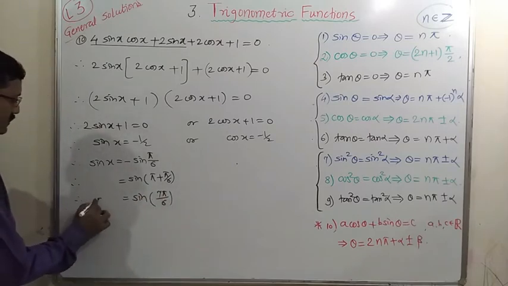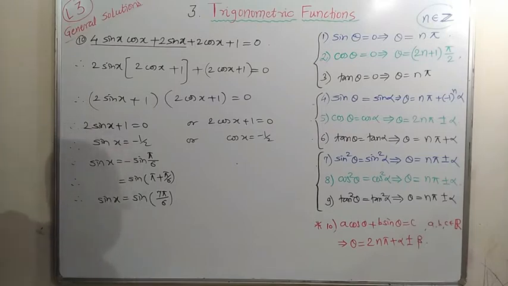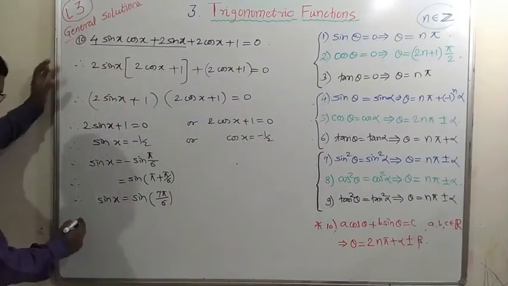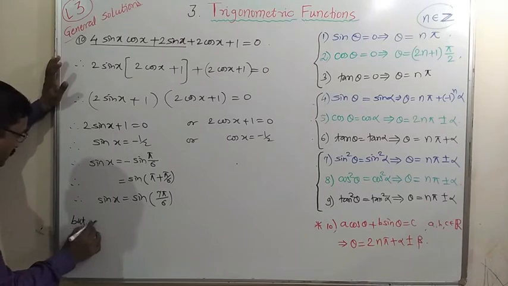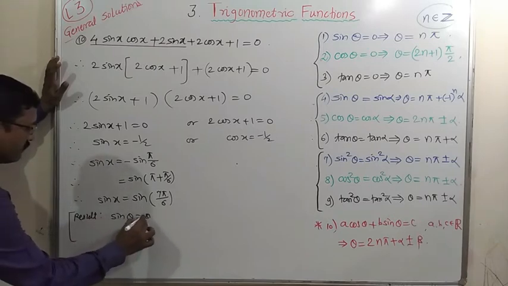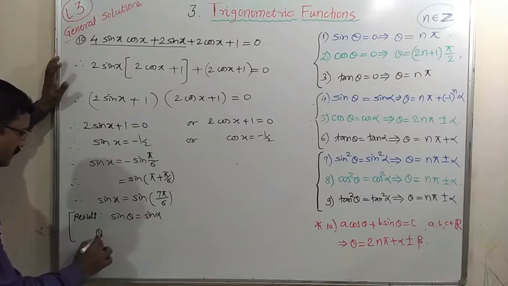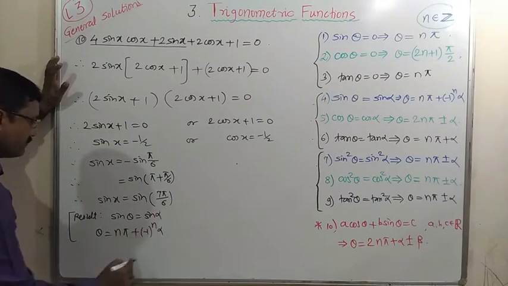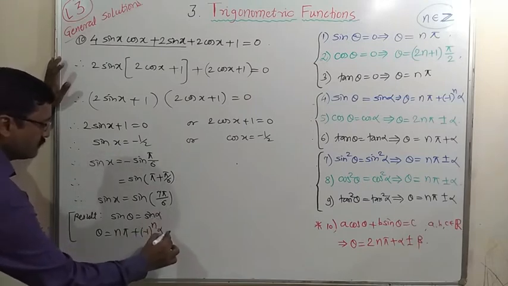So we get sin x equal to sin alpha. Obviously, for sin x equal to sin alpha, the formula will be number 4. So we will write the result here: if sin theta is equal to sin alpha, then theta is equal to n pi plus minus 1 raised to n into alpha, where n belongs to integers.